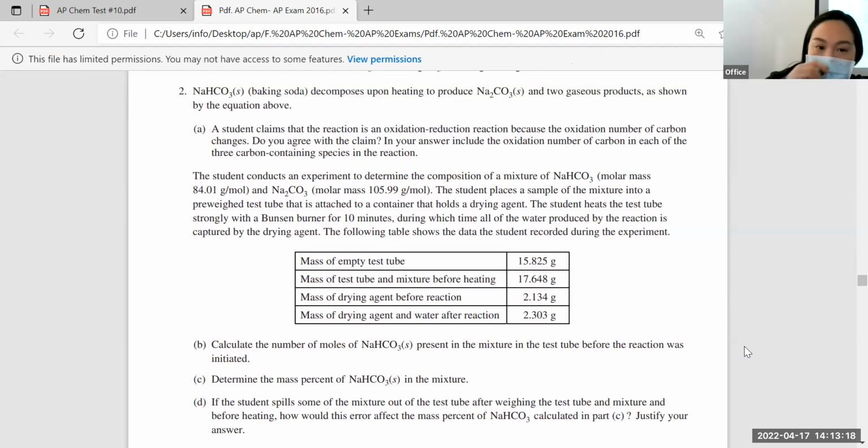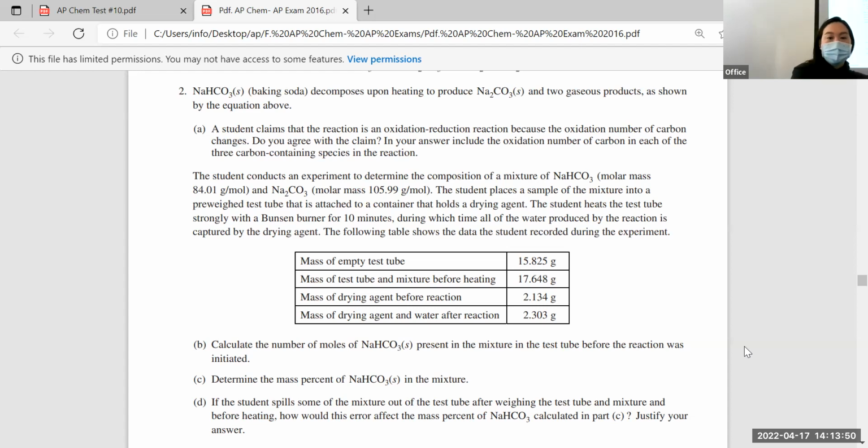The student conducts an experiment to determine the composition of a mixture of NaHCO3, molar mass 84 grams per mole, and sodium carbonate. The student places a sample of the mixture into a pre-weighed test tube attached to a container that holds a drying agent. The student heats the test tube strongly with the Bunsen burner for 10 minutes, during which time all of the water produced by the reaction is captured by the drying agent.